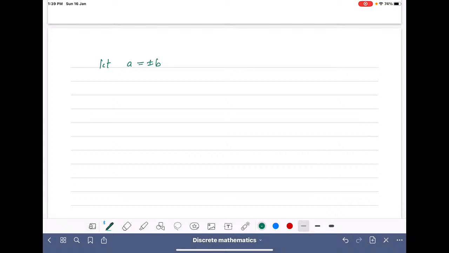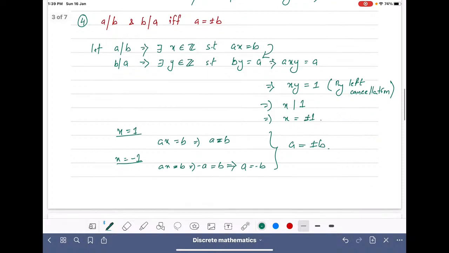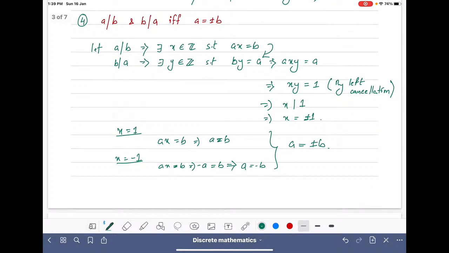Now when a equal to b, we want to show that a divides b.